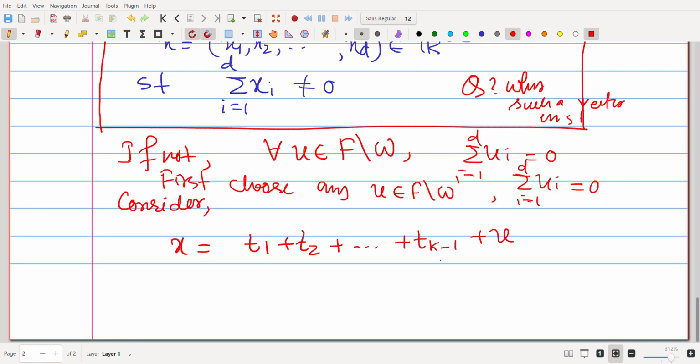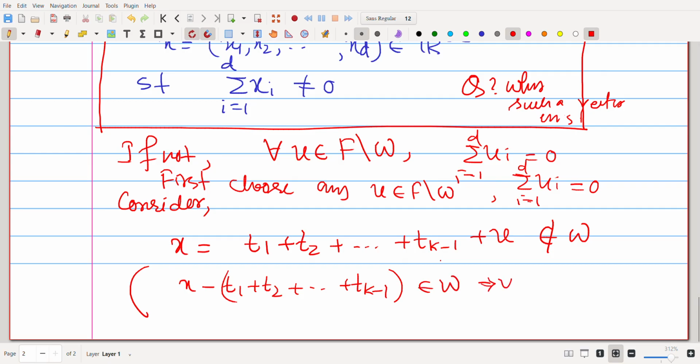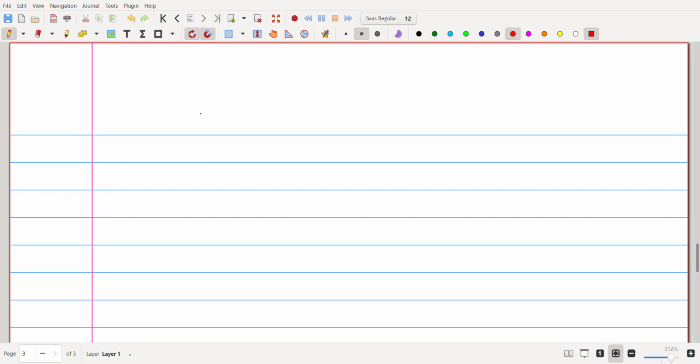This is in F, because t1 is in F, t2 is in F, t(k minus 1) is in F, u is in F, so their sum is also in F. But this is not in W, because if this is in W, that means x minus (t1 plus t2 up to t(k minus 1)) belongs to W, which implies u belongs to W, which is a contradiction, because by our assumption u belongs to F minus W. That means x belongs to F minus W.